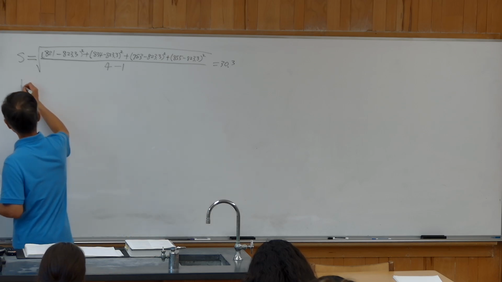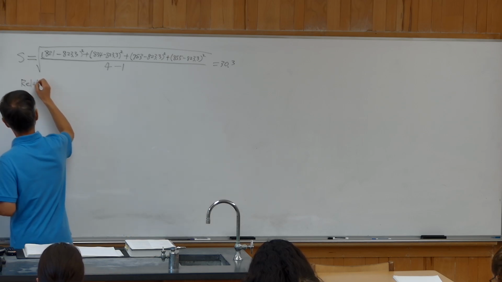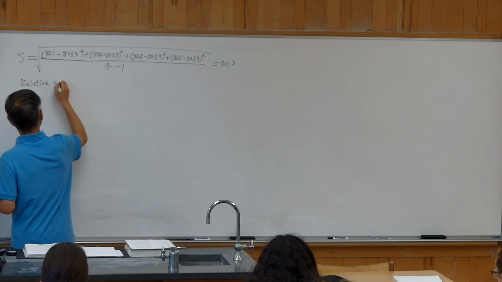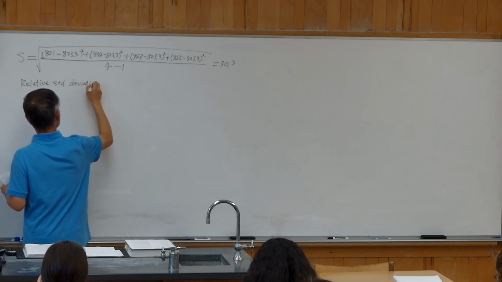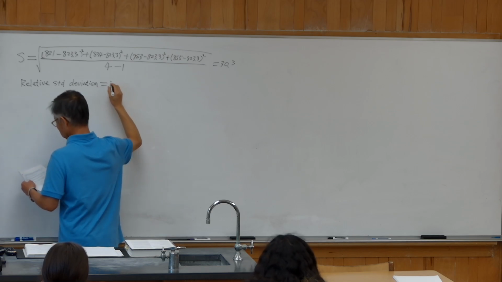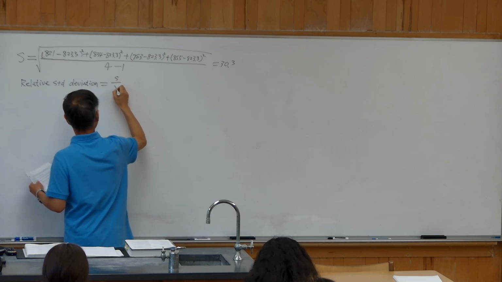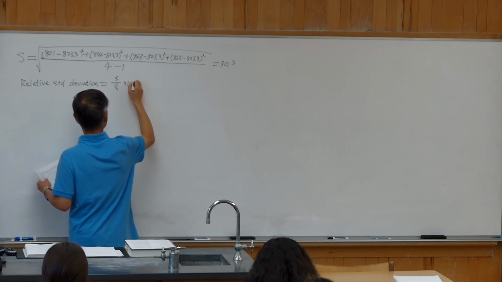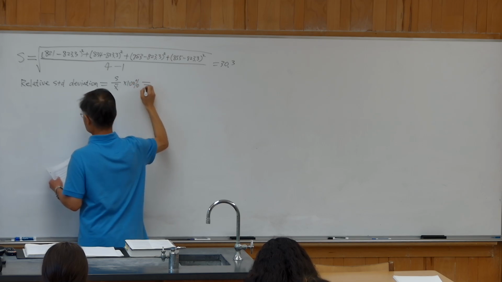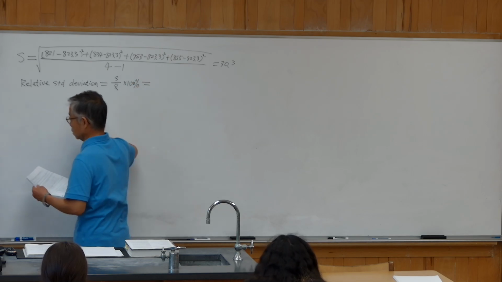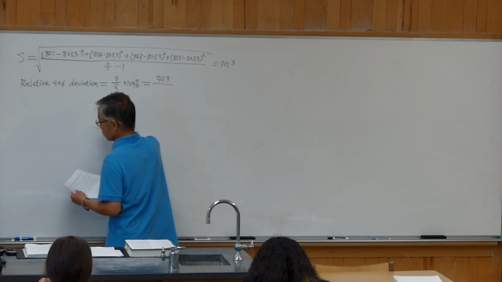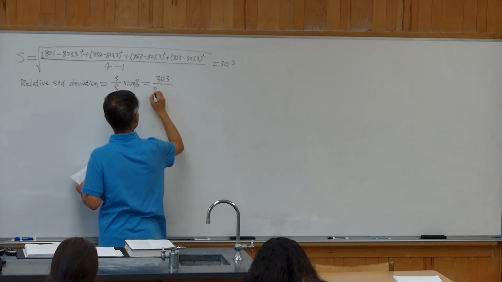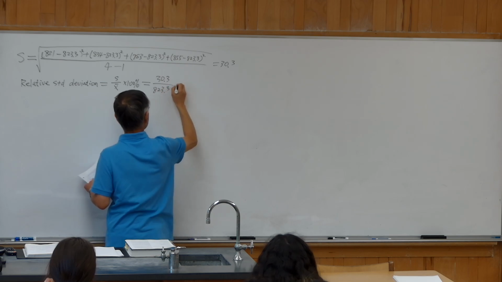Then the relative standard deviation equals S over X bar times 100%. S, we just got it. S is 30.3. X bar, we just got it, 823.3.